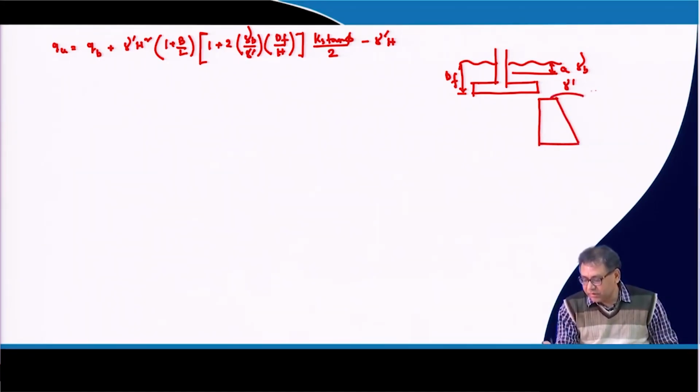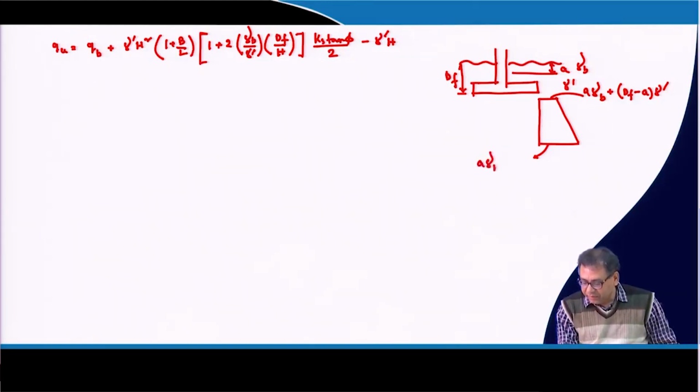So, this portion it will be A into gamma bulk plus dF minus A into gamma dash, and this portion it will be A gamma bulk plus dF minus A gamma dash plus H into gamma dash.